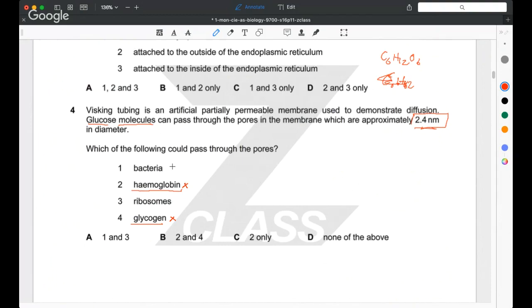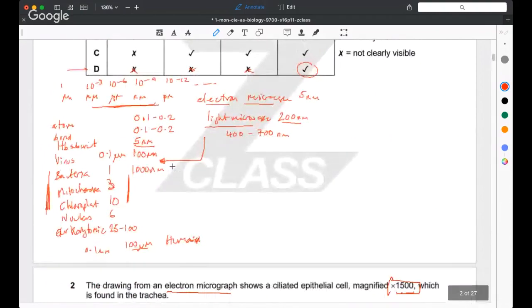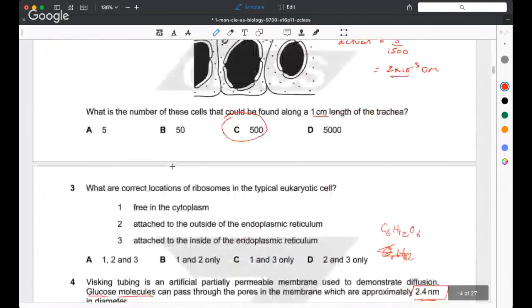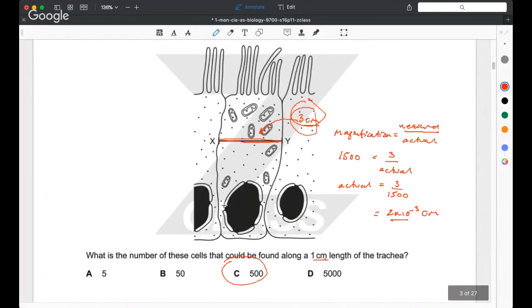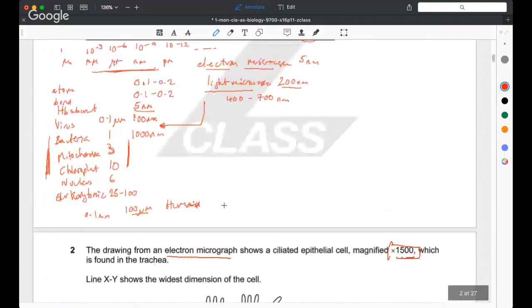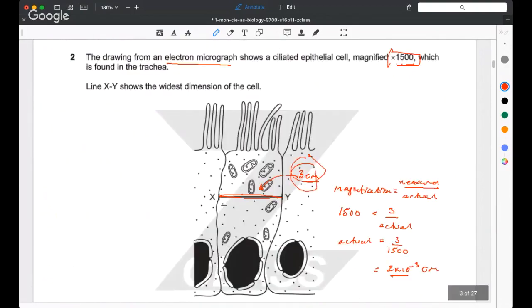Bacteria, we had those, didn't we, about 1,000 nanometers or 1 micrometer. And these ribosomes, that's an example of an organelle within the cell. And when we looked at some of the organelles earlier on, those organelles were in the range of, I suppose, 1 to 10 micrometers.